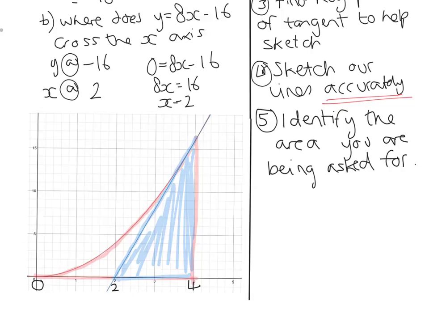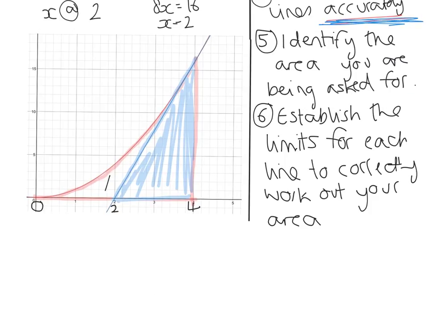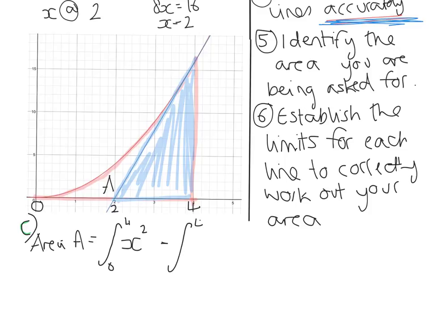So it's really important that you draw your sketch accurately. So what we're saying is that our area A is the integral between 4 and 0 of our curve, and take away from that the integral between 4 and 2 of our straight line.